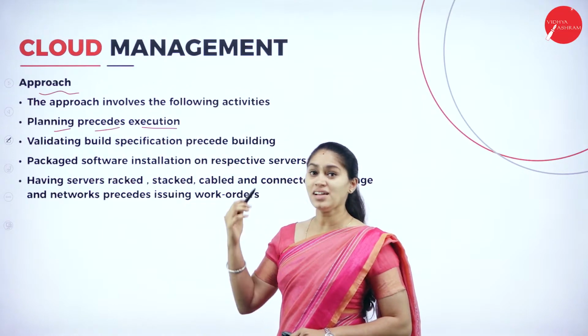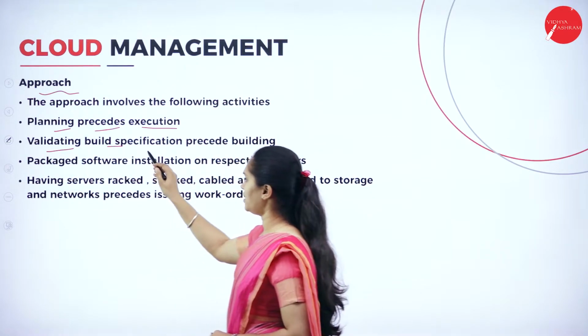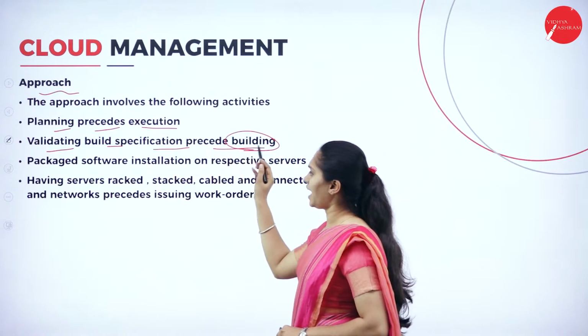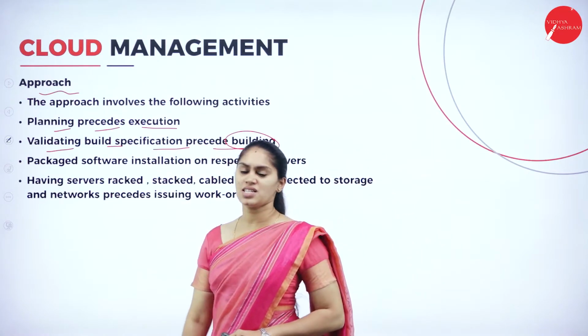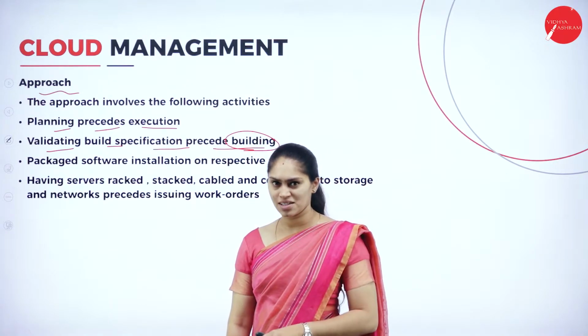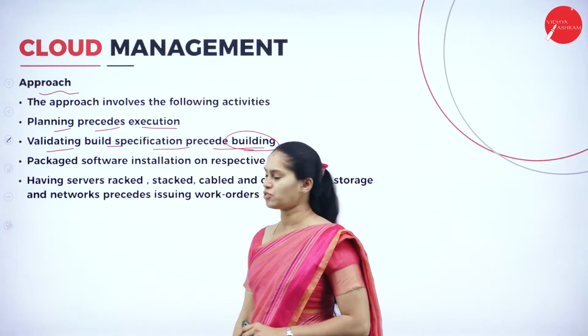So we have to plan, then we have to execute. Then validating the build specification precedes building. So before building, I have to think about the specifications, what all it requires. I have to validate whether it is right or wrong, whether it is required or not. We have to validate the specification, then we have to build.